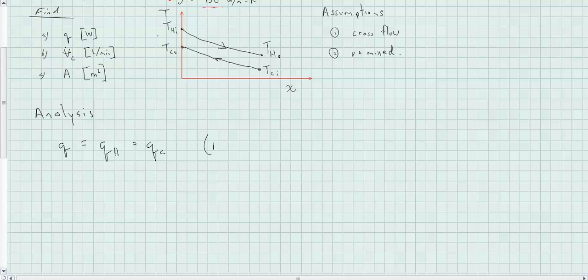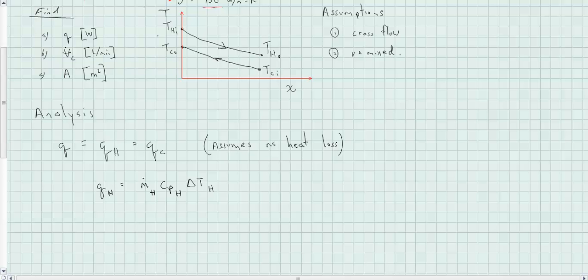This assumes no heat loss. So how do we calculate QH? It would be the mass flow rate times the specific heat times the change in temperature on the hot side. These indices can add clarity, the subscript H's.